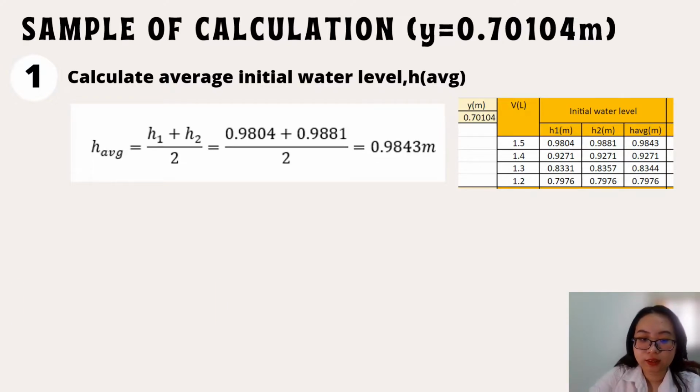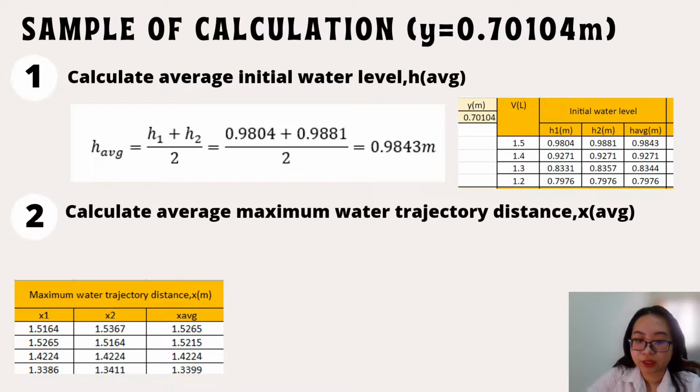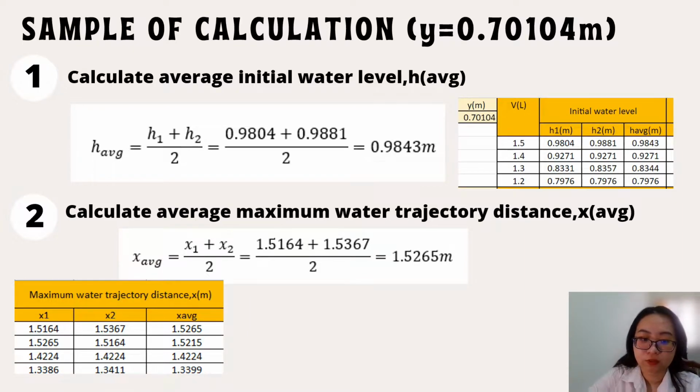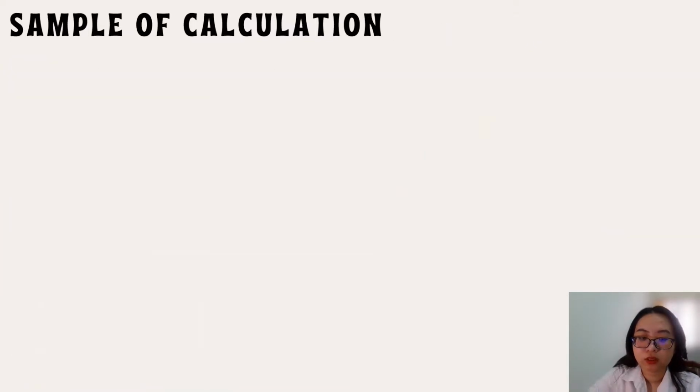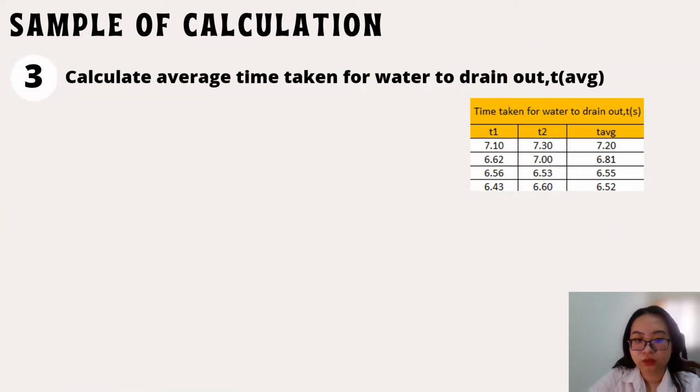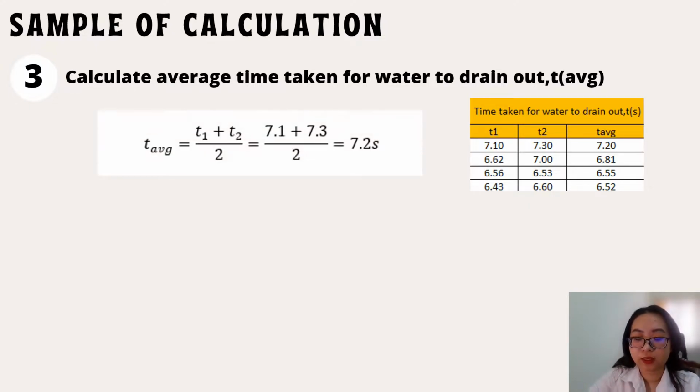Secondly, calculate the average maximum water trajectory distance, x average. Same as above, add both of the data taken in the experiment and divide it by 2. Third, also calculate the average time taken for water to drain out. Same as previously, add both of the times and divide it by 2.